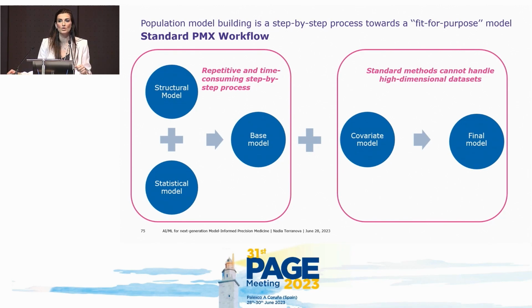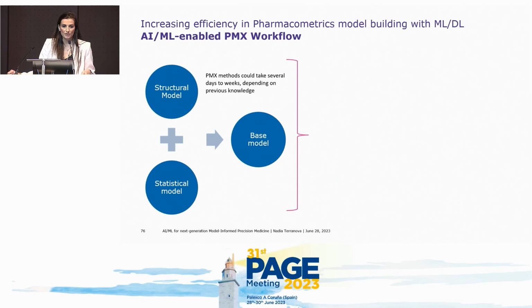At the same time, if you have a very high-dimensional data set, your covariate assessment can be limited. So there are opportunities to apply AI and machine learning to advance this pipeline. In fact, both sides have been explored with success.